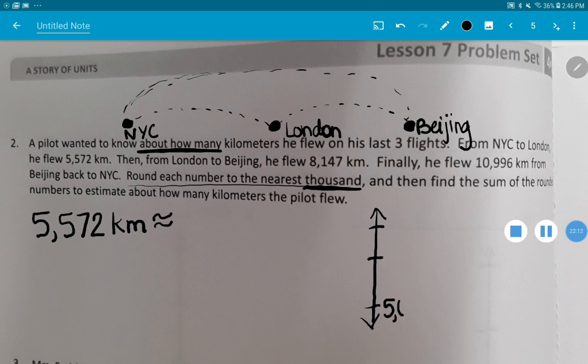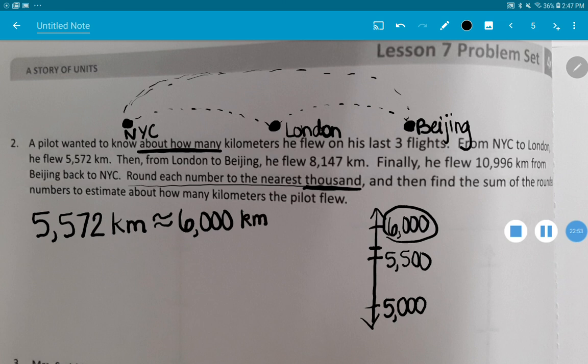What's 1,000 more? 6,000. It's halfway in between, 5,500. So where's 5,572 going to go? It's going to be a little more than 5,500, right? 72 more. So it'll be about right here. Is that closer to 5,000 or closer to 6,000? 6,000. So that's about 6,000 kilometers.